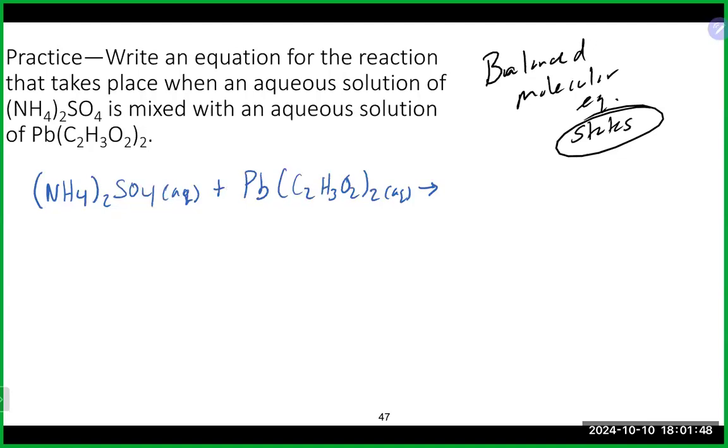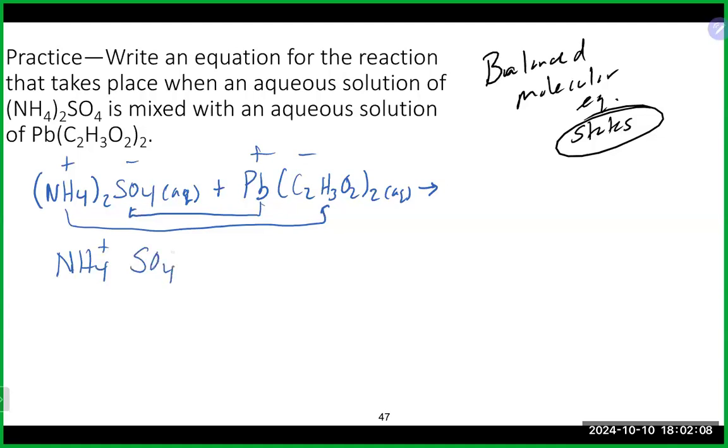Okay, so let's take a look at this one. So again, you should hopefully recognize this as a double displacement reaction. I've got 2 ionic compounds. Again, we're just going to switch partners here. So again, just the basic units of these in terms of ions, which would be ammonium, and the other would be sulfate.